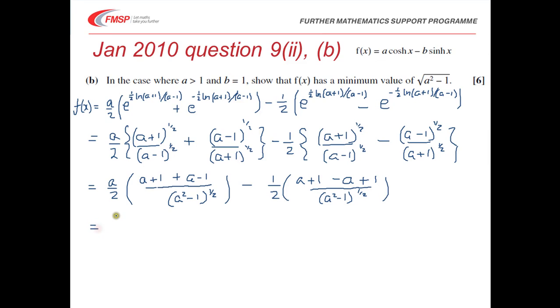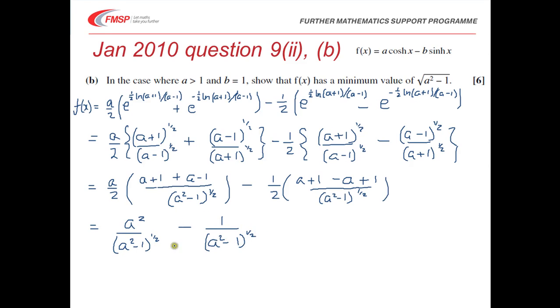So what have we got now? And we're just about there, because here we have 2a, and the 1's cancel out, so the 2a and the 2, that 2 cancels out, so we'll get an a squared all over a squared minus 1 to the power of a half, and over here the a's cancel out and we get a 2 which cancels out with that 2, so this is just minus 1 over a squared minus 1 to the half.